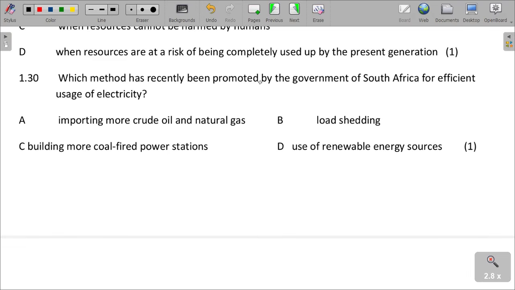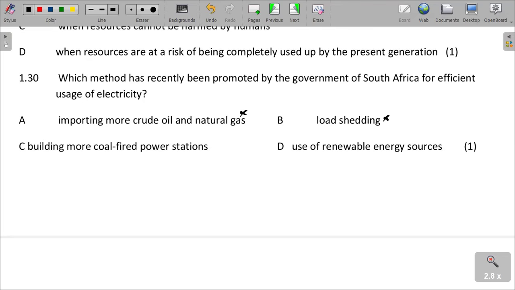Which method has recently been promoted by the government of South Africa for efficient use of electricity? Importing more crude oil and gas is not that. Load shedding is not efficient use either. Load shedding is when the power switches off because of some overload.